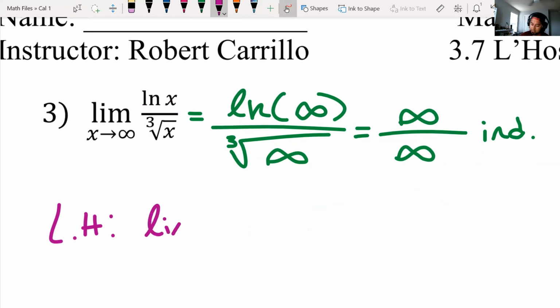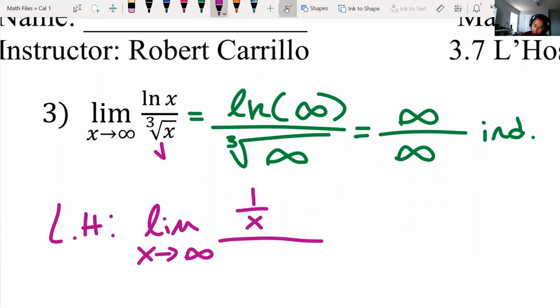So you'll get the limit as x approaches infinity of 1 over x over, and remember that the cube root of x is the same as x to the 1/3. So this will become 1/3 x to the negative 2/3. Okay, and definitely some cleanup.